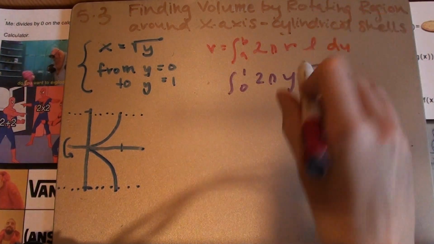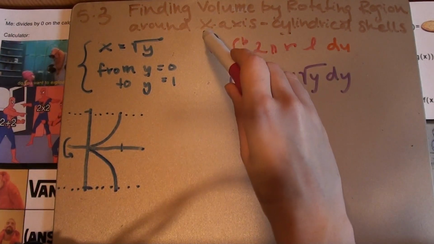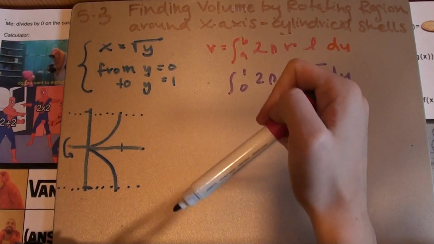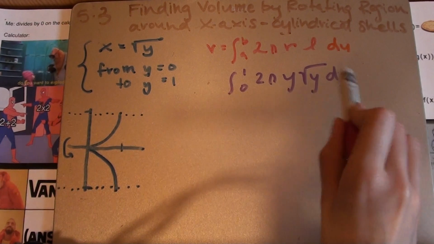That's our integral. Now one thing I forgot to explain before is, although we're rotating around the x-axis, where in the past, if we rotated around the x-axis, we defined our integration in terms of x, here we're doing the opposite.